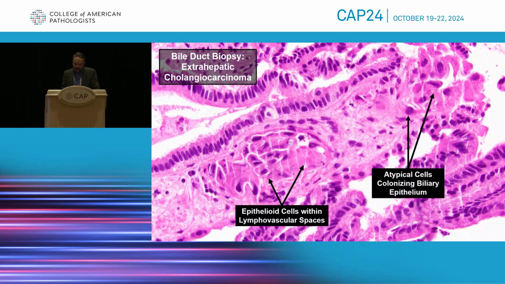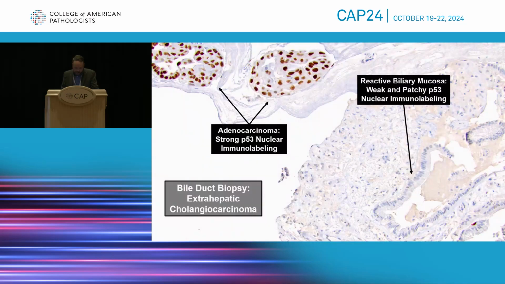And looking more closely, you can even see underlying some of the more normal mucosa, there were actually atypical epithelial cells within lymphovascular spaces, as well as colonizing underneath the biliary epithelium. So it's actually even sneaky cells that weren't part of that free-floating adenocarcinoma that could be seen on closer examination.